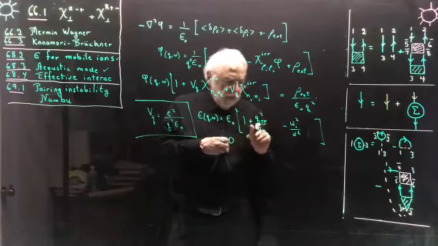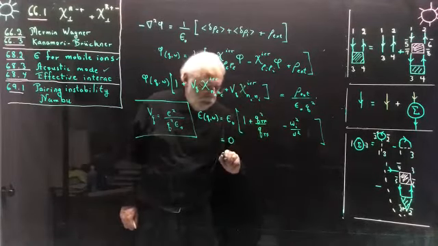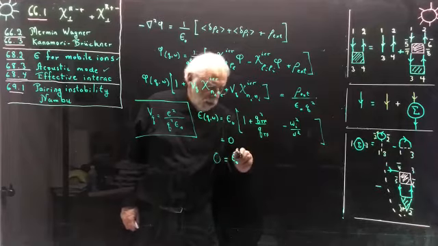So if I multiply everything by omega squared q squared, I get 0, right? So I can multiply by what I want.